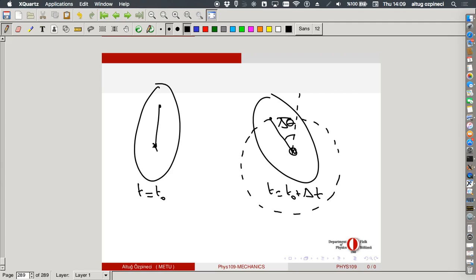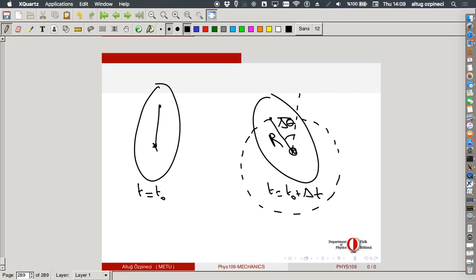Well, we had already studied circular motion. This is not necessarily a uniform circular motion, but nevertheless a circular motion. Now, what is the distance it covered? Let's say this is the distance r. I'm not asking for its displacement, but between these two times, what is the distance it covered?